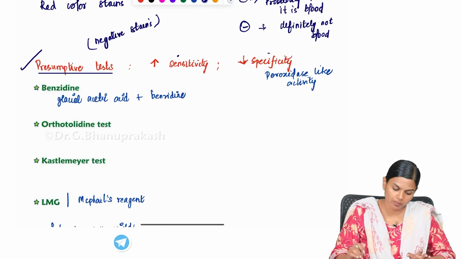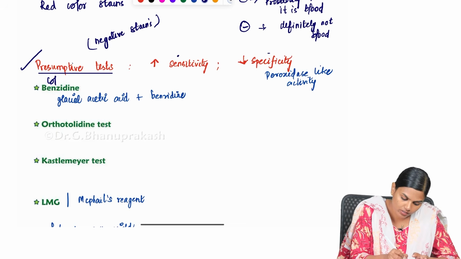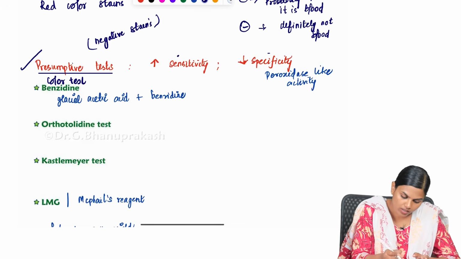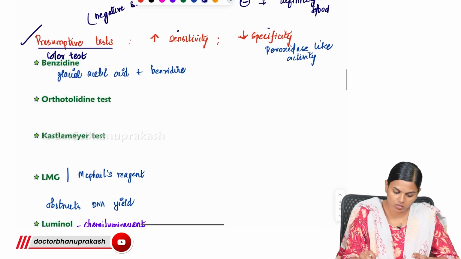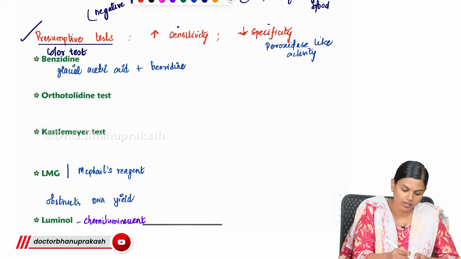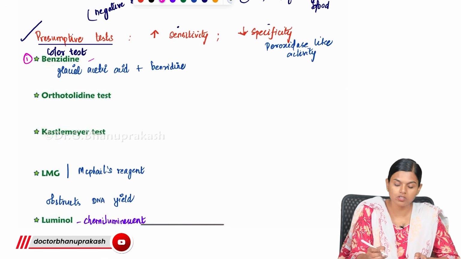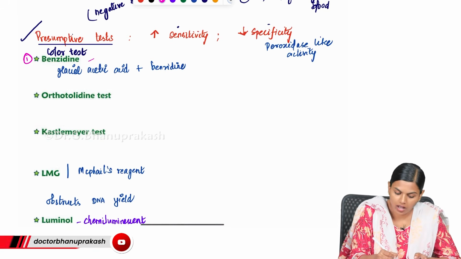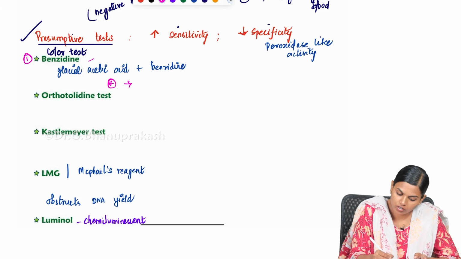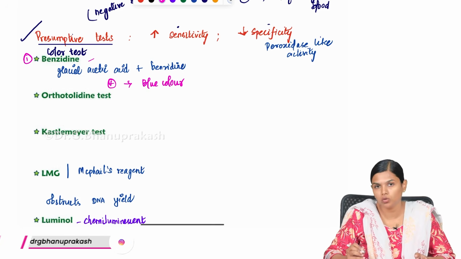And presumptive test we mainly have color test. So color test we have all these tests. So first is this benzidine test. In this benzidine test we use glacial acetic acid along with this benzidine, and if it is a positive reaction, you will get blue color. If it is blood, you will get blue color.